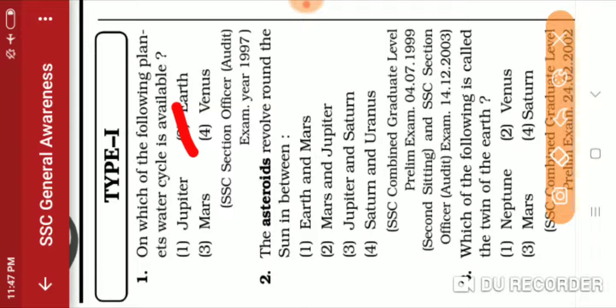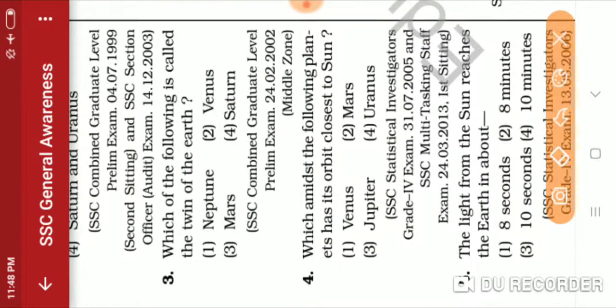Next question. The asteroids revolve around the sun in between which planets? We told that between Mars and Jupiter, asteroids revolve. Next question. Which of the following is called a twin of the Earth? So I told you Venus is called the twin of the Earth.